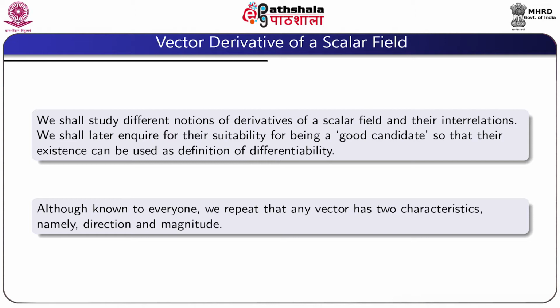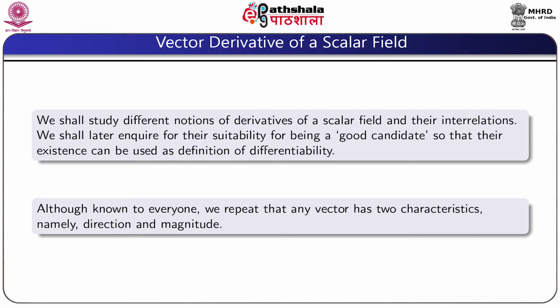Now, we are going to define directional derivative. Later, we shall find that for the same mathematical quantity, we will be forced to change the name from directional derivative to vector derivative. We shall study different notions of derivatives of a scalar field and their interrelation.